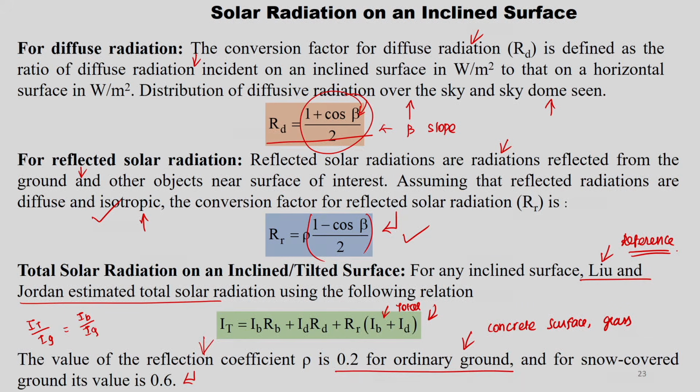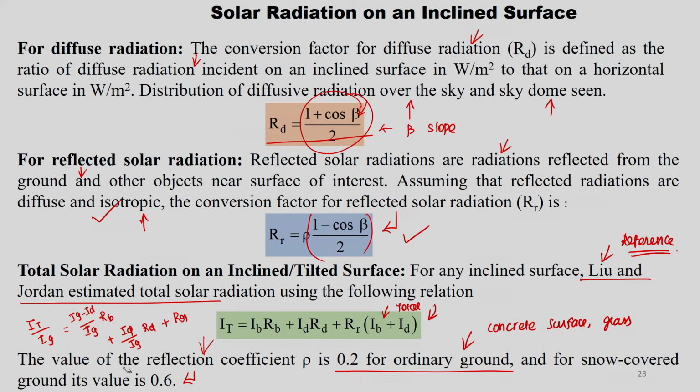IB upon IG into RB plus ID upon IG into RD plus IB plus ID, which is nothing but IG. So, then we need not divide by IG, that becomes 1 into RR. So, here also IB we can write as IG minus ID, total minus diffusive.